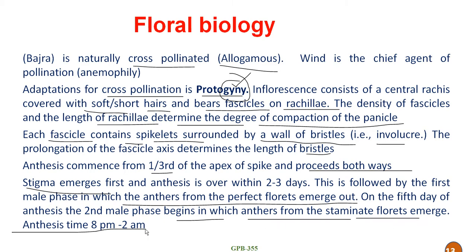This anthesis time is 8 p.m. to 2 a.m. Anthesis is the first opening of the flower. So anthesis always happens in phases: in the first phase the perfect flower, and the second phase is from the staminate flower.